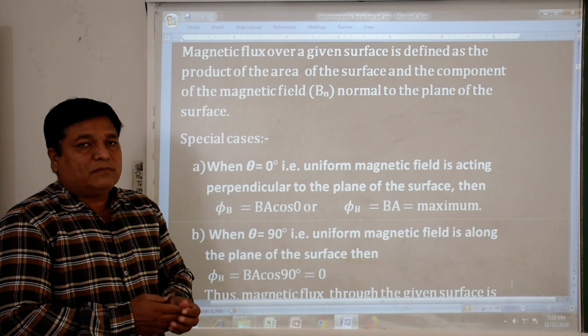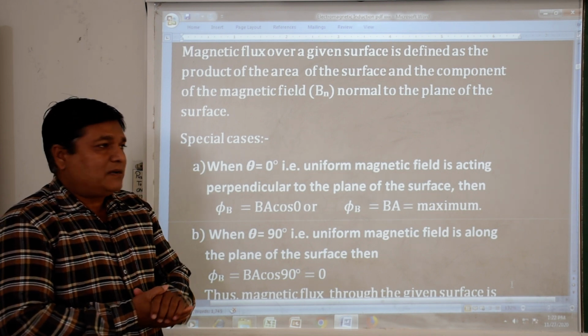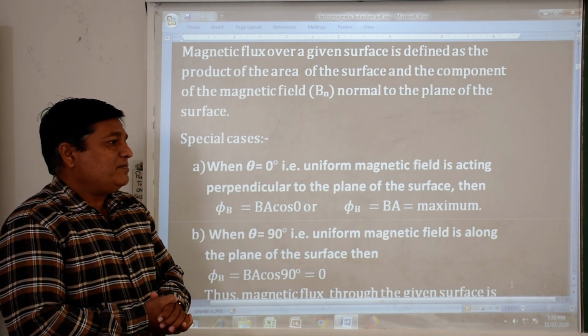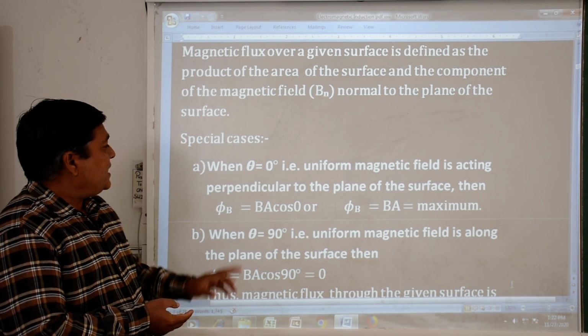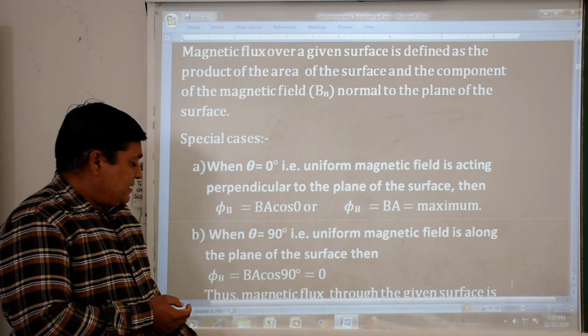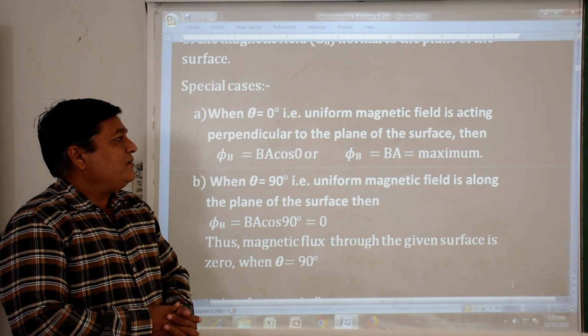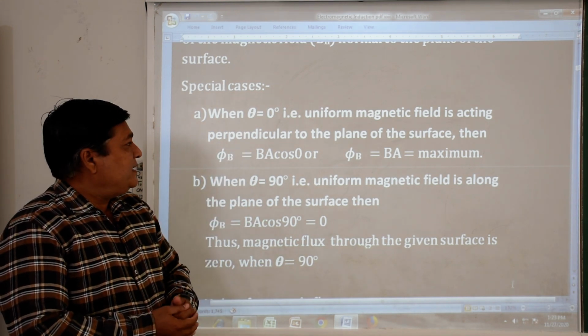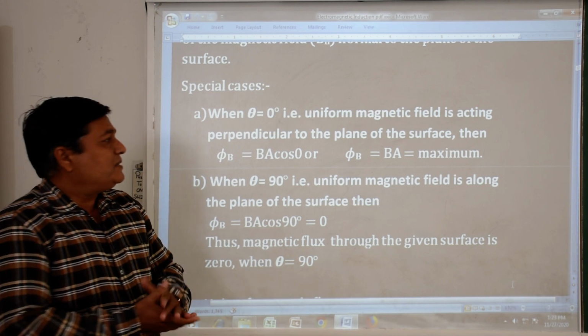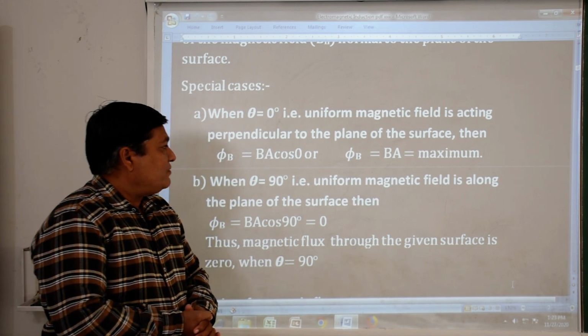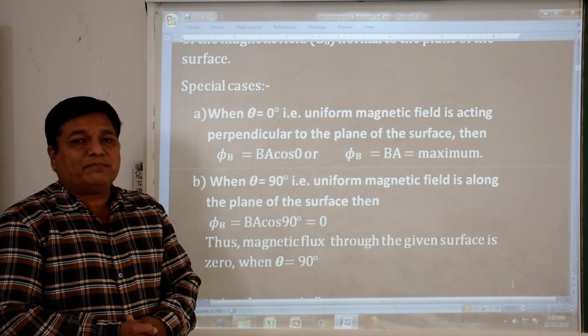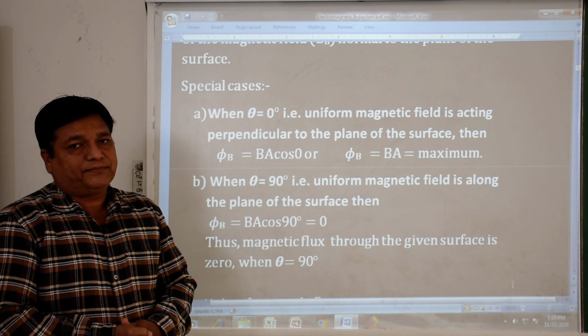Suppose the angle between these two is 0 degree. In the first special case, theta is equal to 0 degree and a uniform magnetic field is acting perpendicular to the surface. Then how much magnetic flux can we get?